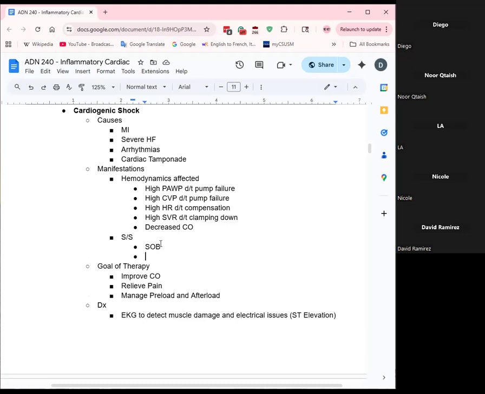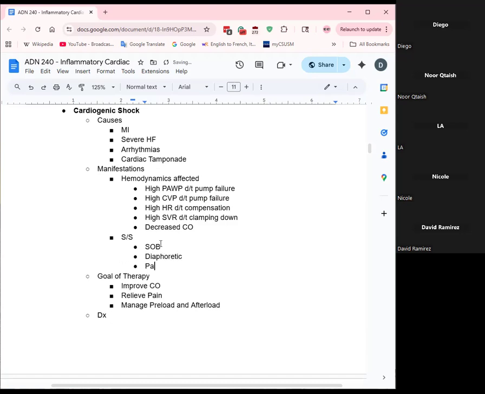So review from shock, everything shunts to the important organs. So your skin is not really an important organ, relatively speaking. So your body will feel a lot colder. And you'll start to become diaphoretic, pale, cold skin.